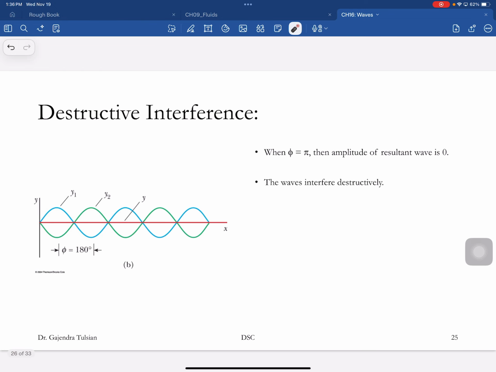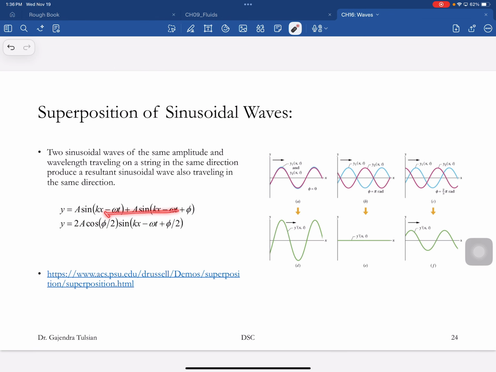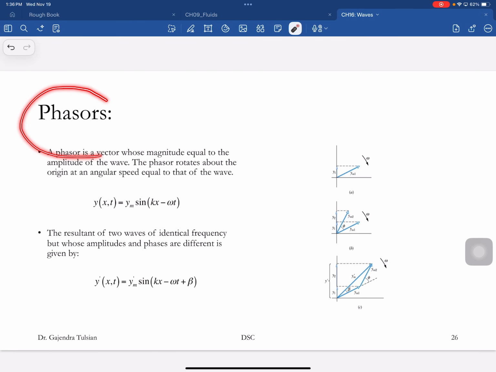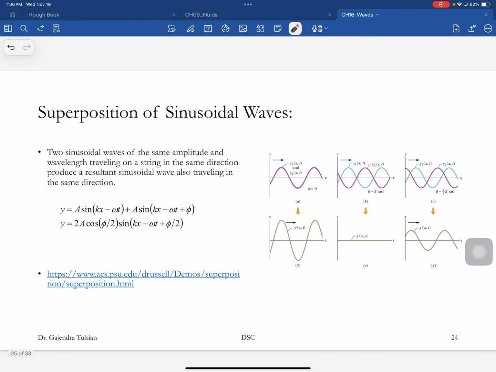But here's that little trick. If you have multiple waves traveling in the same direction, when you want to add several waves, you use this trick called phasors. Does this look familiar?